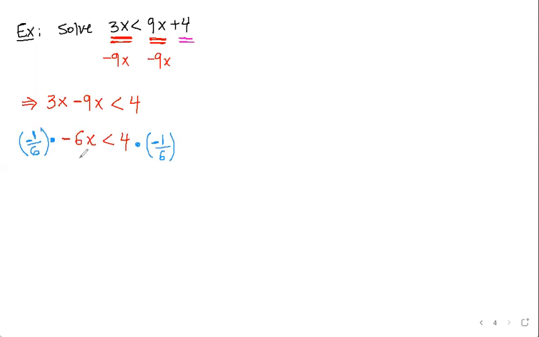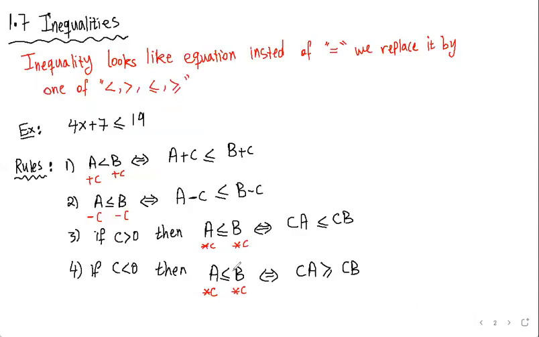But here we multiply both sides by a negative number. Look at the negative. What does that mean? By using rule number 4, what do we have to change? If the number is negative, we have to flip the sign.